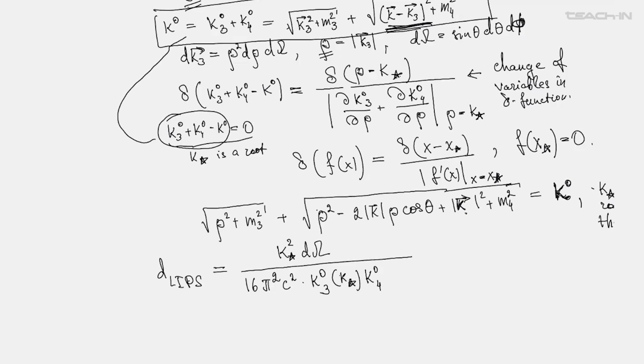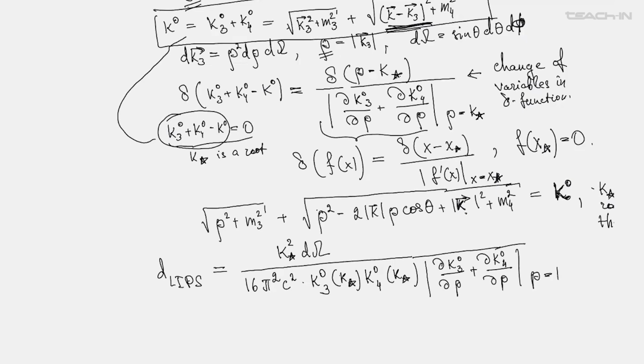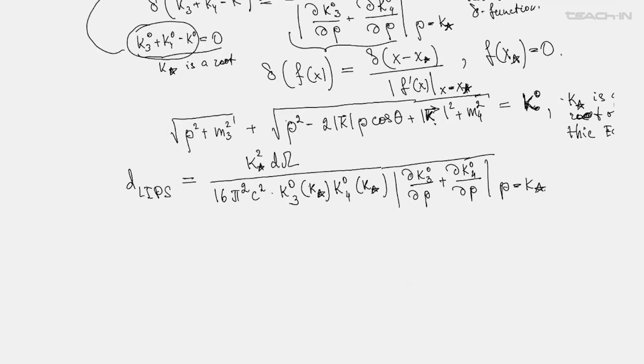And finally, because of this change of variables, I have in the denominator these derivatives evaluated at rho equals k star. This is how the ellipse looks after we perform an integration over rho.